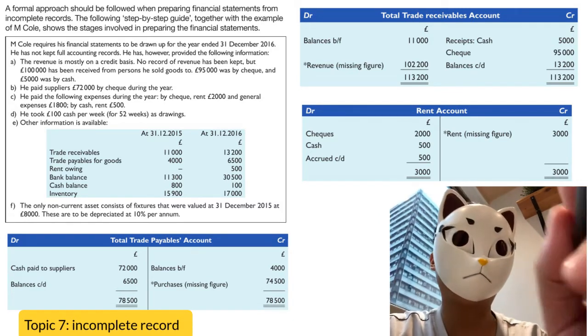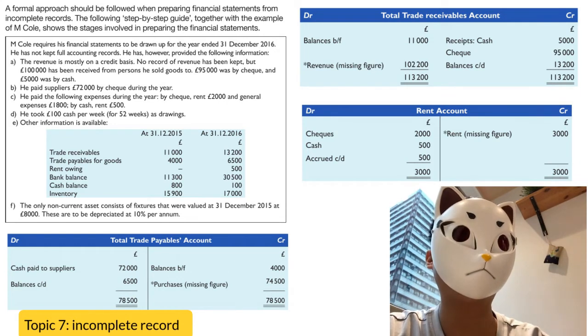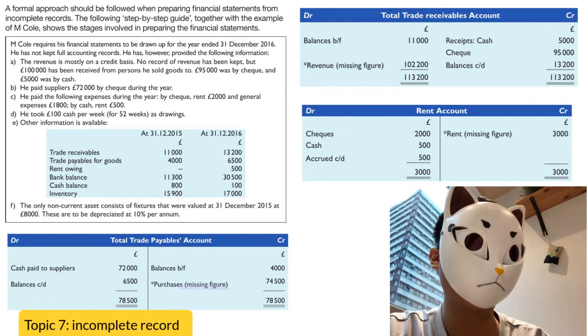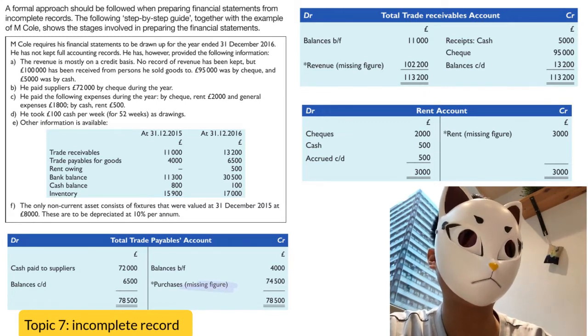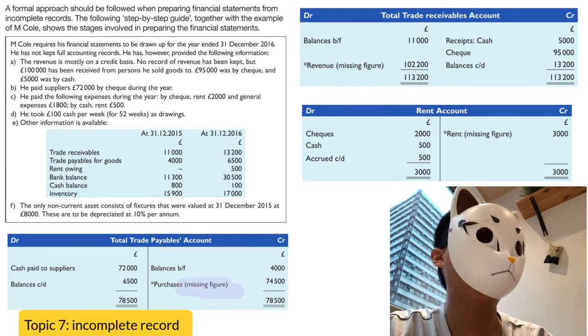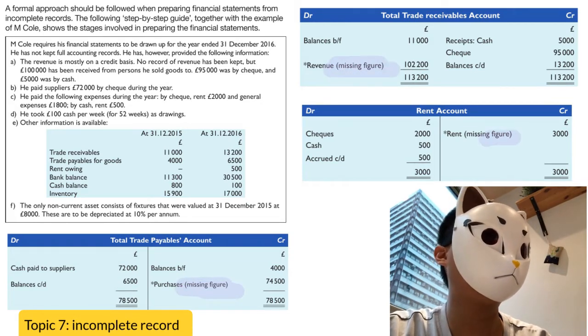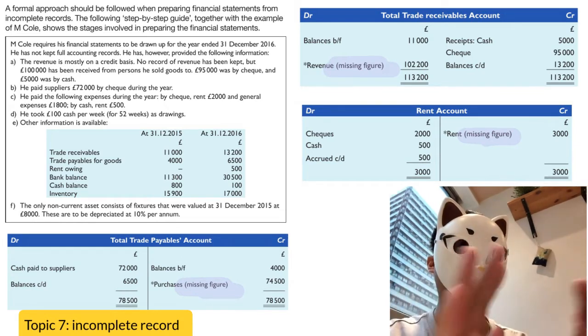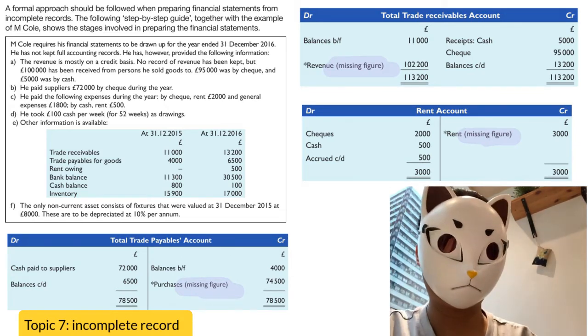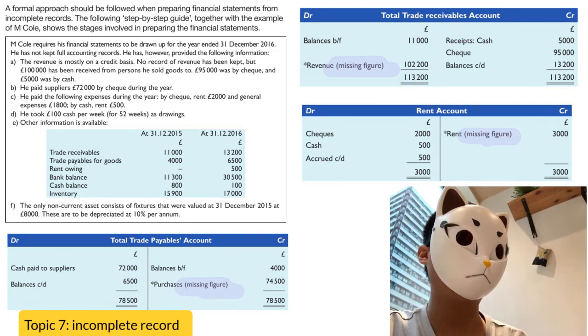Usually in the question setting, there are missing figures for the purchases, missing figures for the sales, and missing figures for the expenses. So candidates have to understand how to do it. The skill will be to make use of the T account.